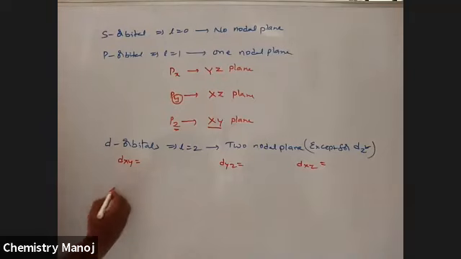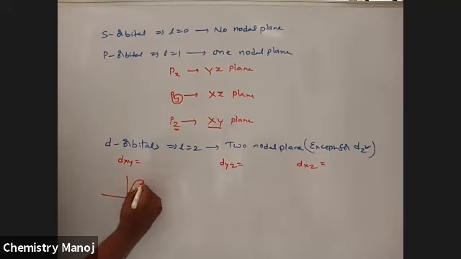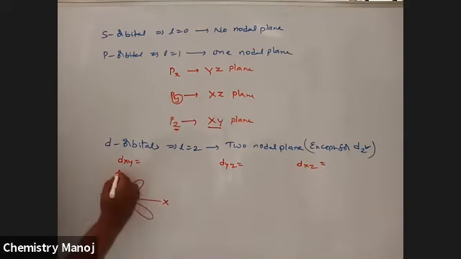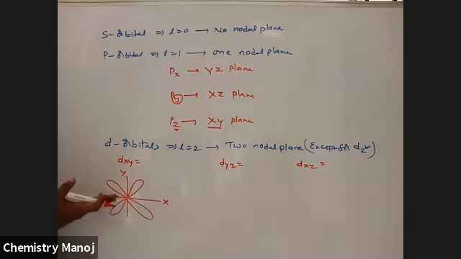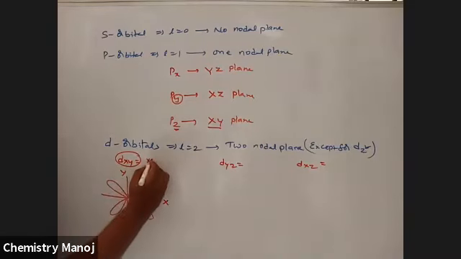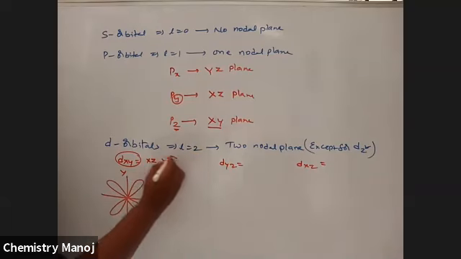For these orbitals, the probability of finding the electron is between the axes. It is xy, this is the x-axis, this is the y-axis. If the electron density is between the axes, then the axes are nodal planes. Therefore, for dxy, the xz and yz planes are nodal planes.